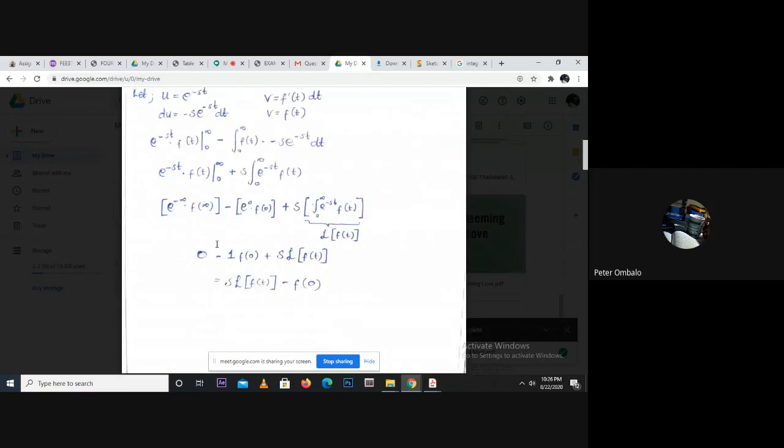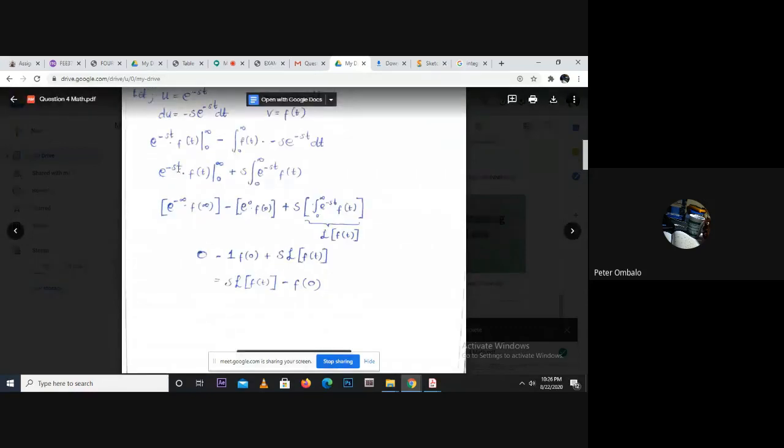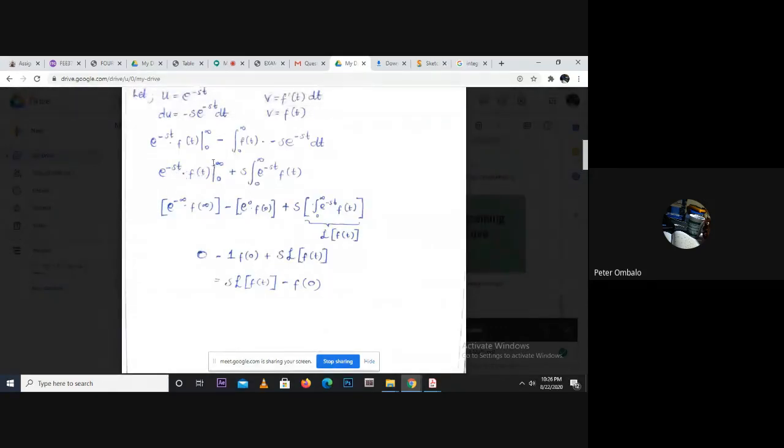So moving on, e to the negative st multiplied by that, we were taking it from 0 to infinity. This first term is going to be 0 if you look at it, because e to the negative infinity is going to be the denominator.